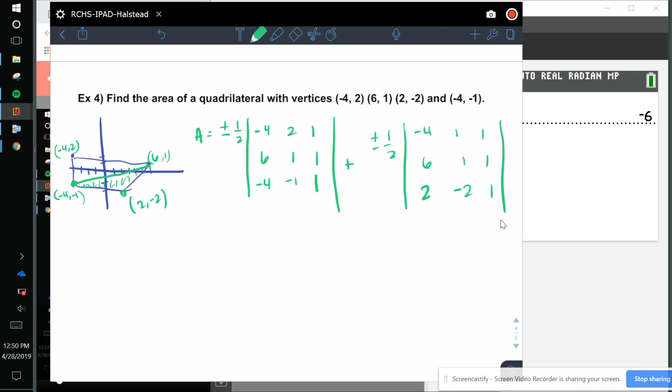So I get the area is equal to plus or minus 1/2 times -30, which is the determinant of this, plus 1/2 times -22, which gives me 15 plus 11. I want to use the negative and then the positive, so we get 26.